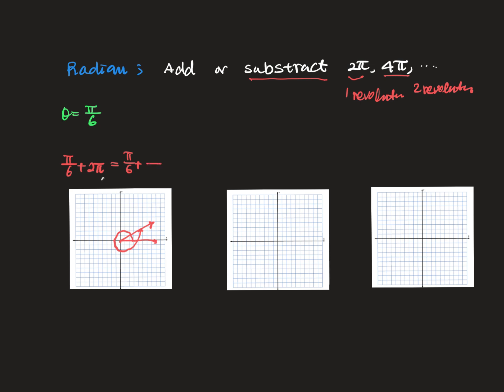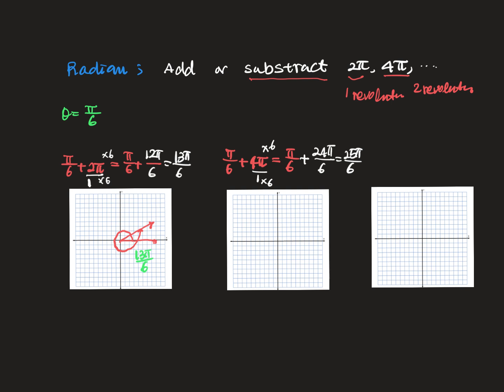Multiply 2 pi by 6 over 6, that's 12 pi over 6, so the total is 13 pi over 6. Two revolutions means pi over 6 plus 4 pi, which is 24 pi over 6 plus pi over 6, that's 25 pi over 6. That's a coterminal angle.